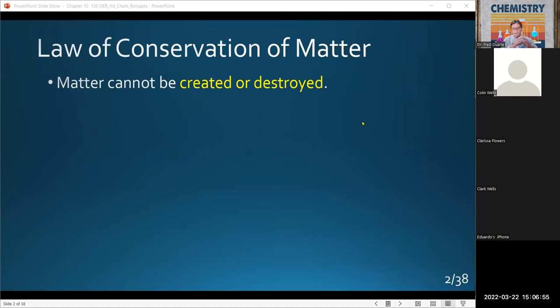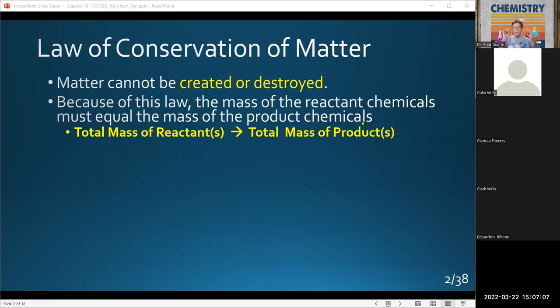Basically stating that matter is neither created nor destroyed. We're just moving things around, okay? If we start off with an X amount of carbon atoms in the beginning, let's say we've got 10 carbon atoms at the beginning of a reaction, and those 10 carbon atoms could be made up of anything but 2 reactants.